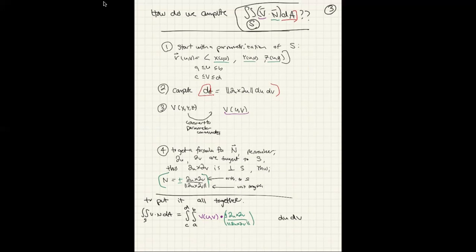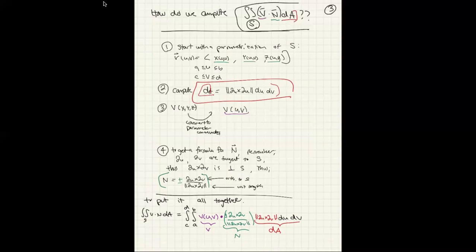So, actually, I'll just write everything. This was n. This is v. And now for my dA, you'll see dA is this thing right here. So I've got to multiply by that magnitude of partial u cross partial v, so that this thing right here becomes dA. And you'll see something nice happens that also happened when we did circulation integrals: something cancels, that magnitude actually cancels off.